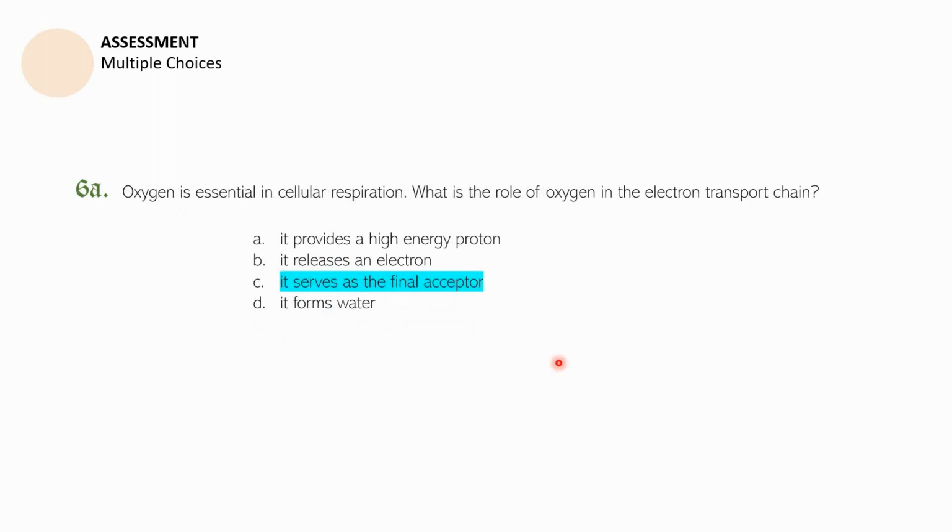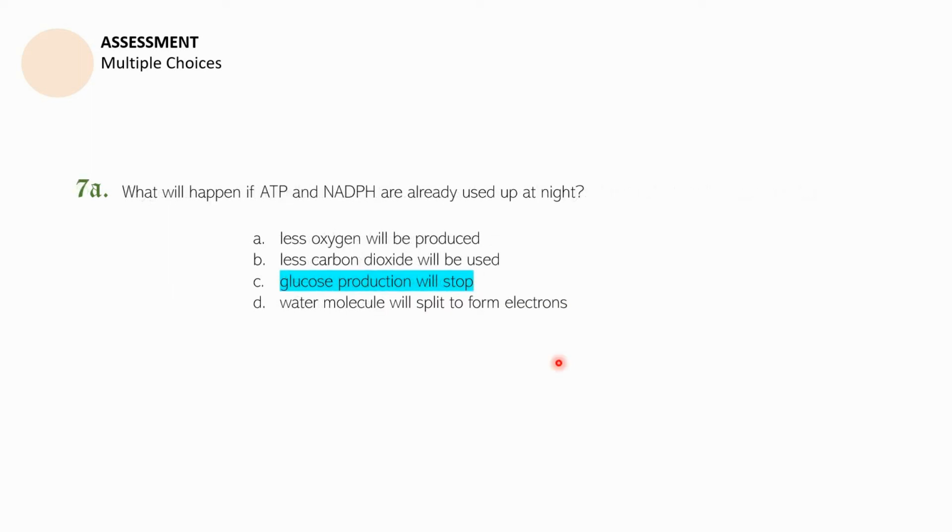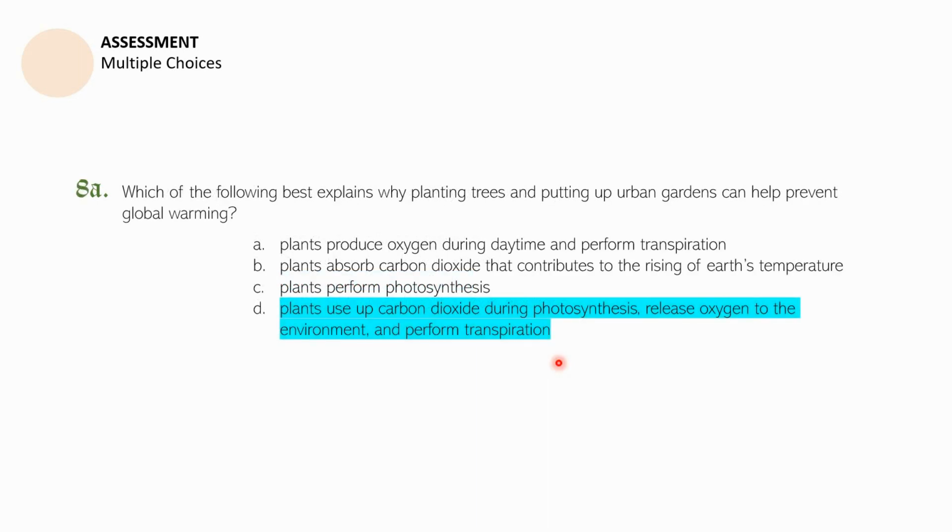The answer to question number 6 is C. It serves as the final electron acceptor. The answer to question number 7 is C. Glucose production will stop. The answer to question number 8 is the longest answer.